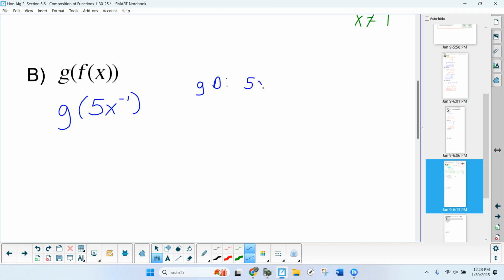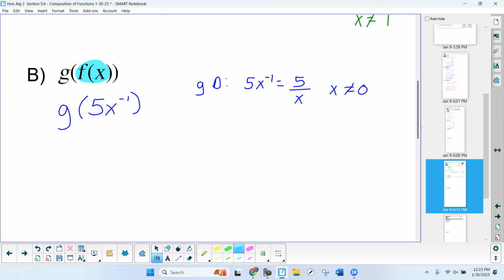Well, 5x to the -1 is 5 over x. What's the domain? X can't be 0. So far, what's my restricted domain? Can't be 0. Is that the domain of g or f? It's the domain of f because it's the domain of your input. So you're always going to look at your input, which is right there.